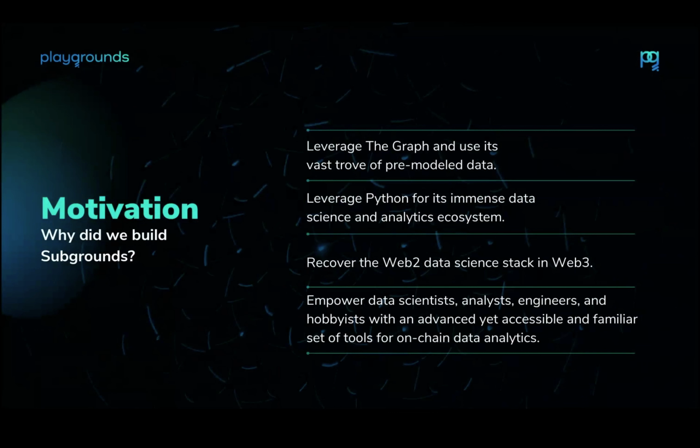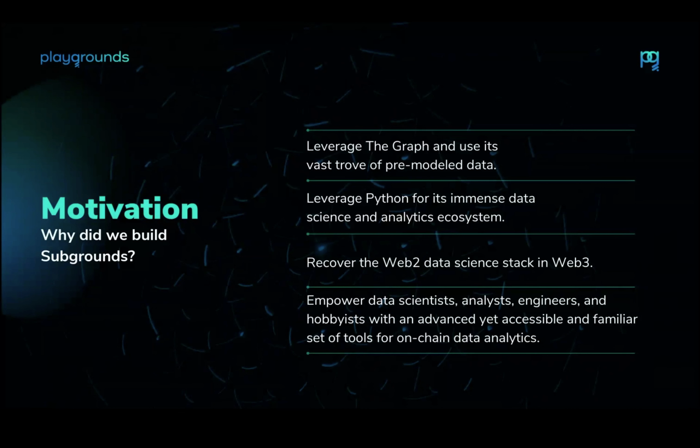So, why did we build Subgrounds? Well, it was mostly to address the missing link between the graph and data science, where, on the one side, you have the graph. And for those of you who aren't familiar with the graph, it's this decentralized indexing and storage protocol that sits on top of all the other blockchains that support smart contracts.